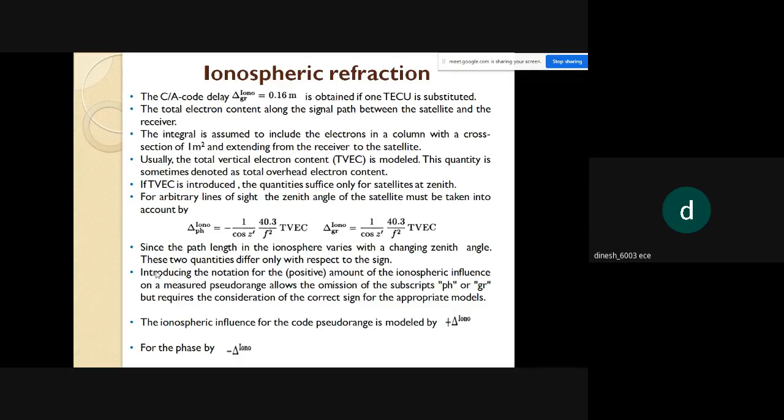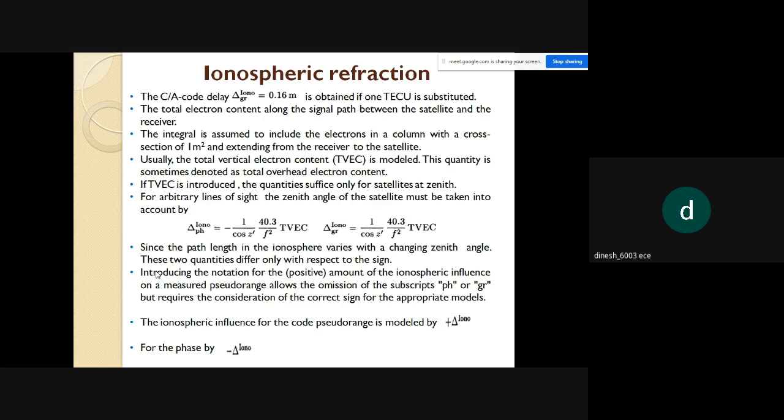So we are going to introduce a model for representing this. Only plus and minus is the difference. We are going to introduce a notation for the positive amount of ionospheric influence on a measured pseudo range that allows the omission of the subscripts ph or gr.